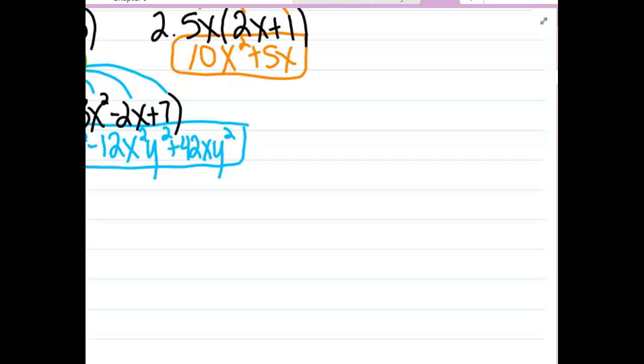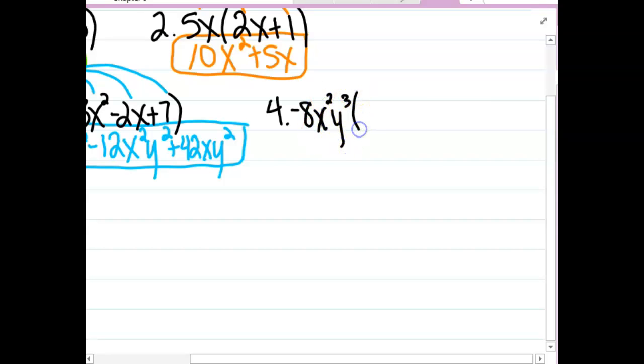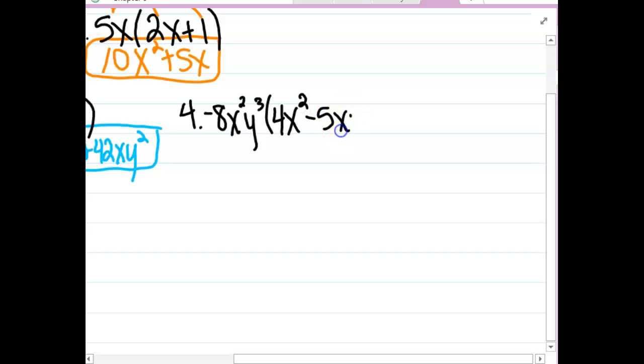Let's try number 4. Okay, negative 8x squared y cubed times 4x squared minus 5xy minus 6y squared.